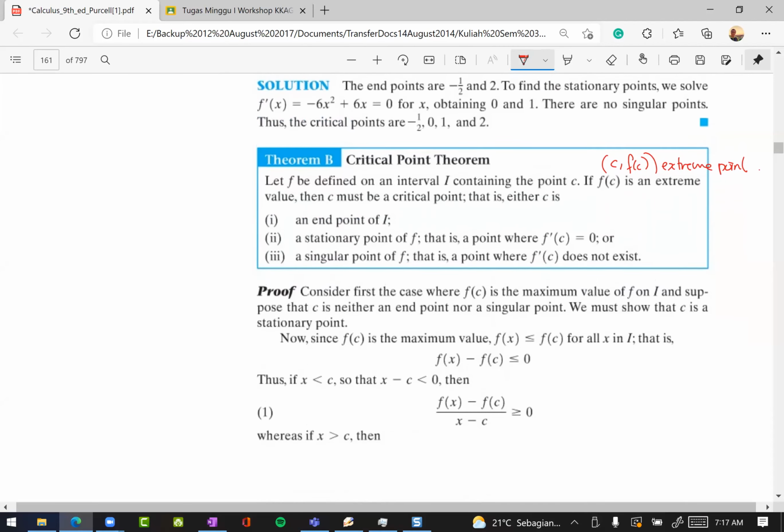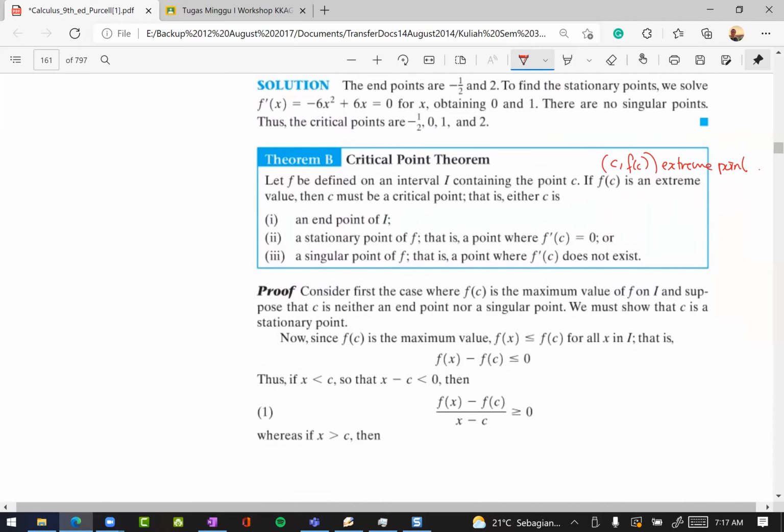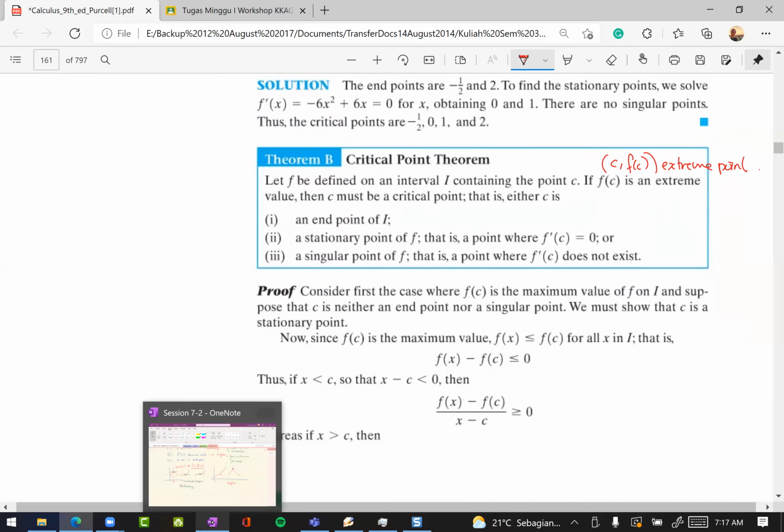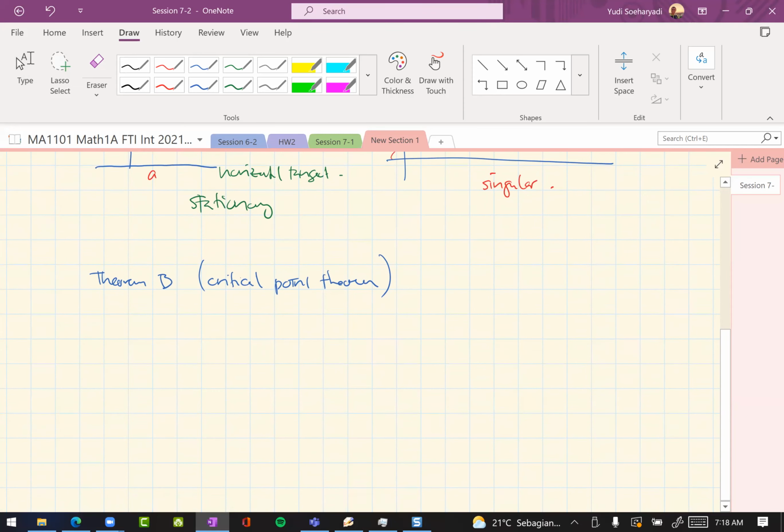Okay. So let's go back to this. I won't rewrite this one, I'll refer to this one.